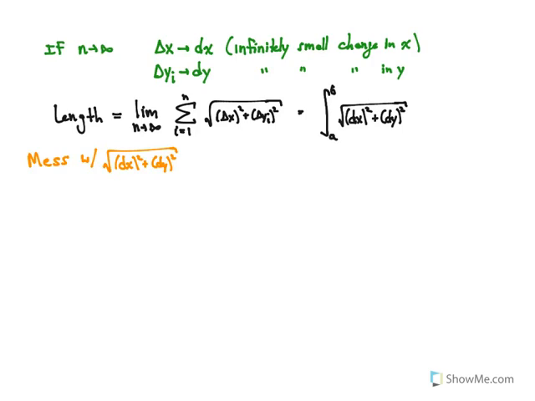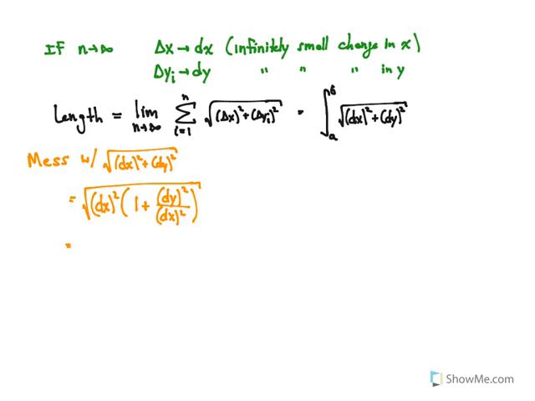First thing we're going to do is factor out a dx squared out of both terms. So this is going to be equal to the square root of dx squared times 1 plus dy squared over dx squared.